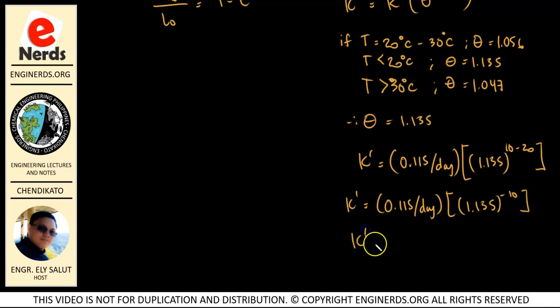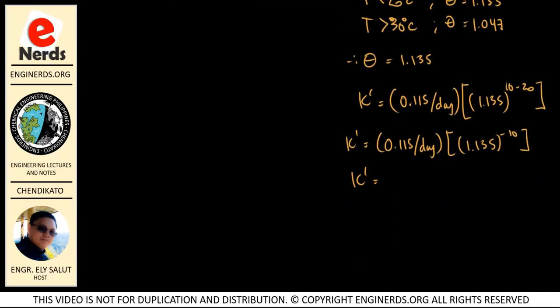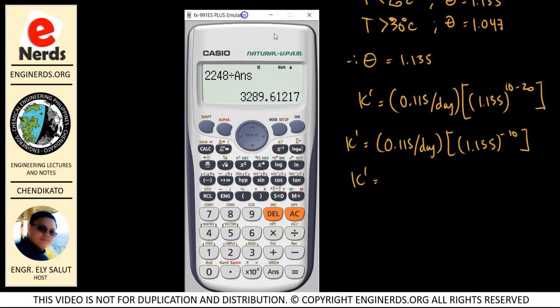So, solve na natin yung value ng K prime. So, our K prime is equal to, unahin ko na to, no? So, ganyan kasi ako mag-solve. Inuuna ko yung nasa loob ng mga bracket. So, we have 1.135. Then, ang exponent natin is negative 10. Okay?